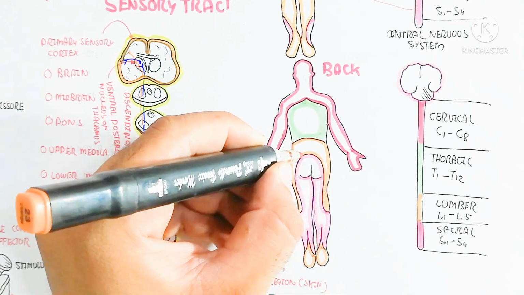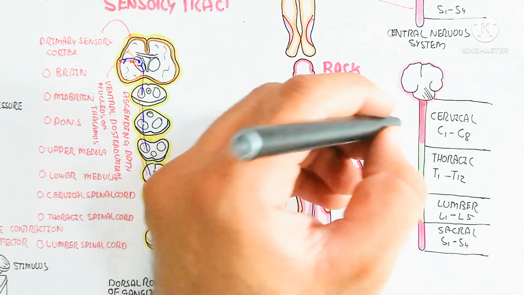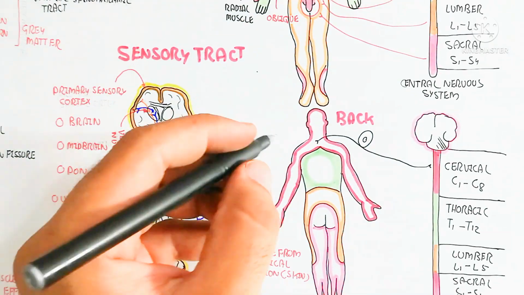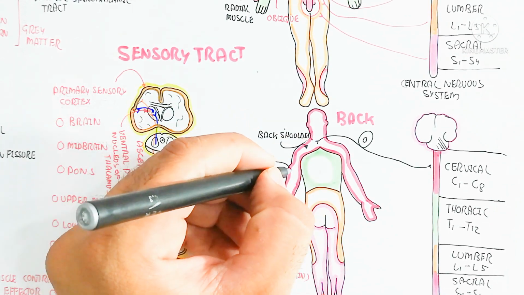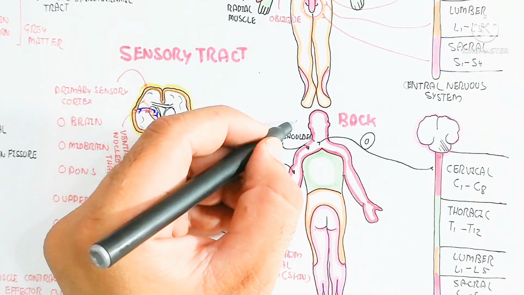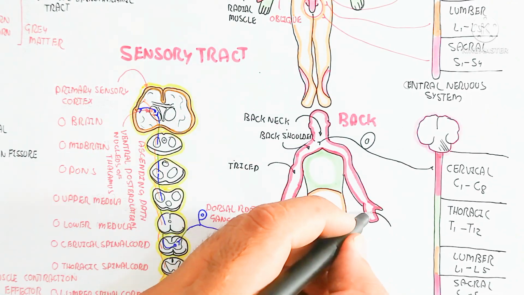So you can understand the cervical is involved in the head and shoulder and back tricep. On the other hand, the wrist also. So this is basically a general overview, and we will understand it via a dermatomes video.